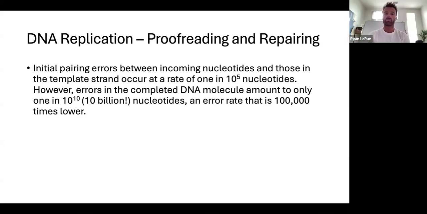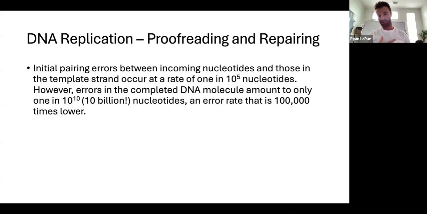Well, on a rate of about 1 in 10 to the 5th, which is, what is that, 100,000, right? 1 in 100,000, it puts in the wrong nucleotide. Like if there's a T, it puts a C there. Or if there's a G, it puts an A or something, right? On accident. I don't blame it.